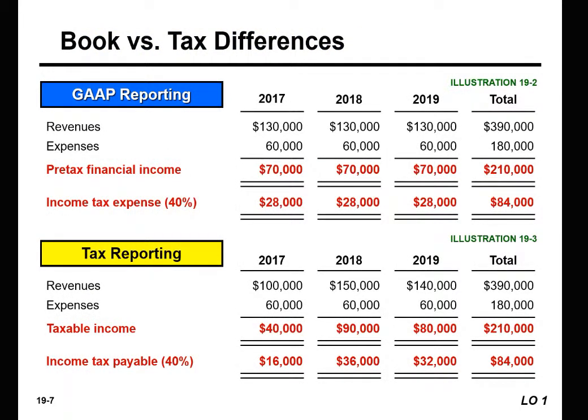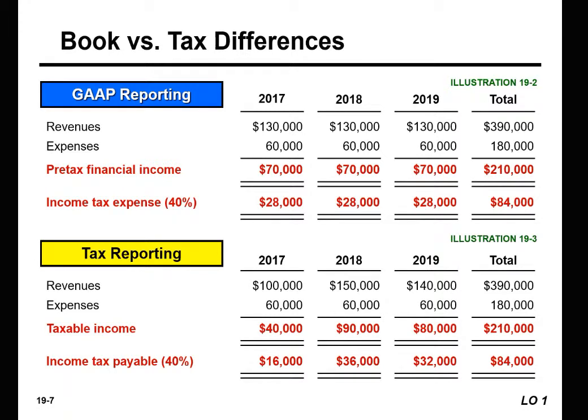So this particular illustration shows us the revenues and the expenses leading to $70,000 of pre-tax income, applied a 40% tax rate for $28,000 in income tax expense a year. However, due to the differences in GAAP and the IRS code, the revenues were different in the years than per GAAP. This resulted in changes to our taxable income.